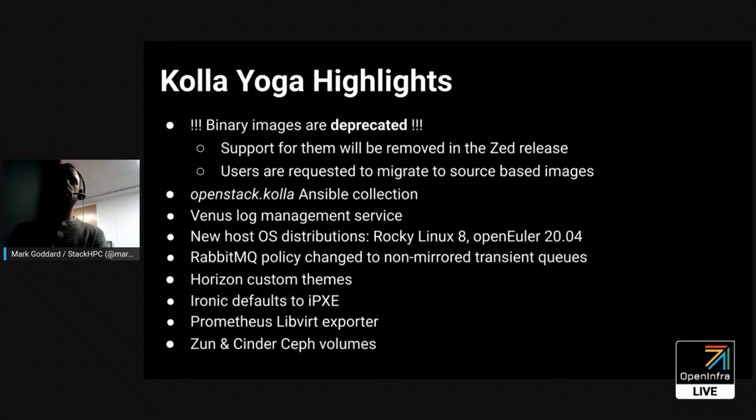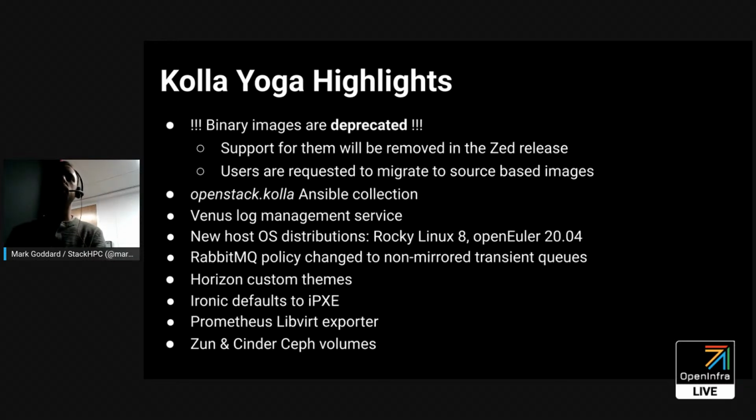So we're dropping the binary images, and this is just to try and reduce our support matrix a bit, because we've got various distributions, and with these two types of images, it makes it quite hard to support the project. So just trying to get that support matrix down. So these will be removed in Z release.